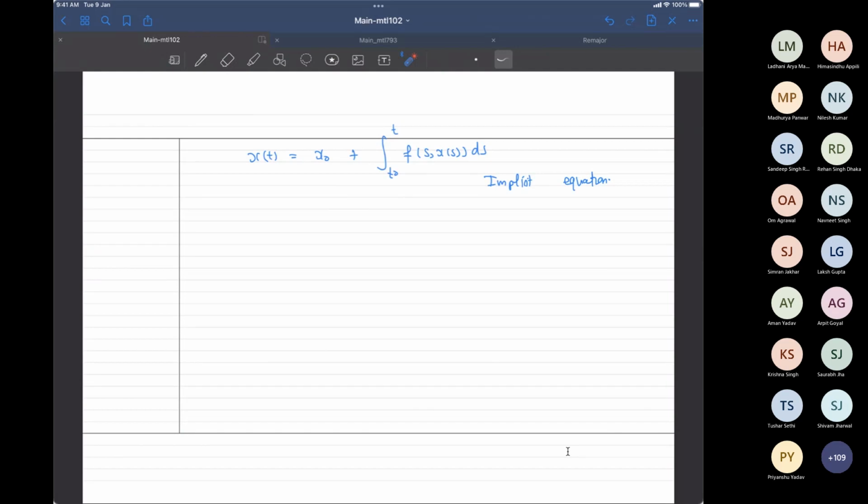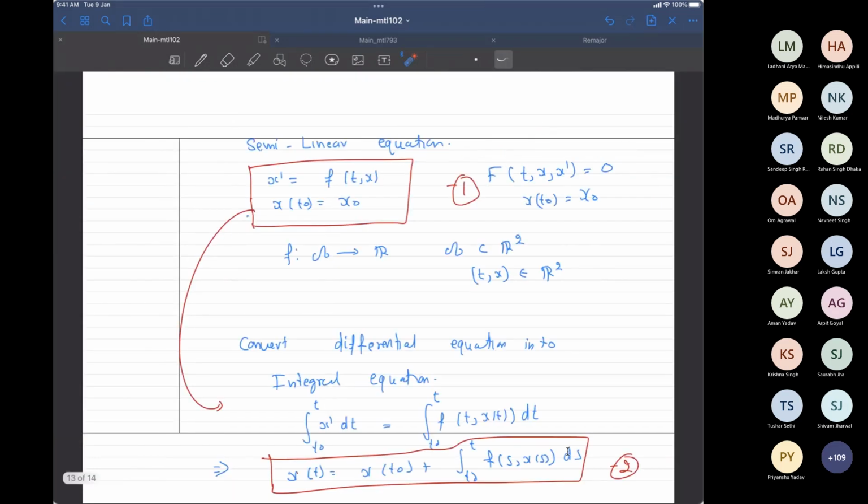Any question so far about this? Sir, I have a question. You said the second and the first equations are equivalent when f is continuous, but the first equation needs f to be differentiable. No, it needs x to be differentiable, not f. Sir, could you explain the conditions when 1 and 2 are equivalent?